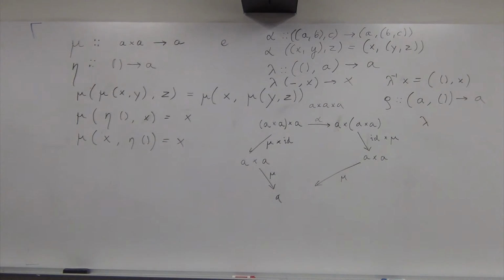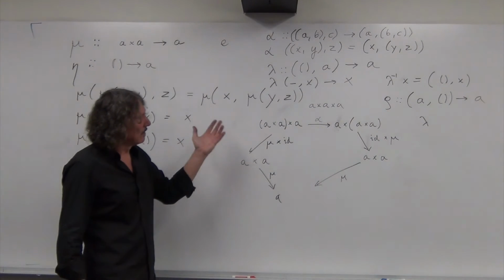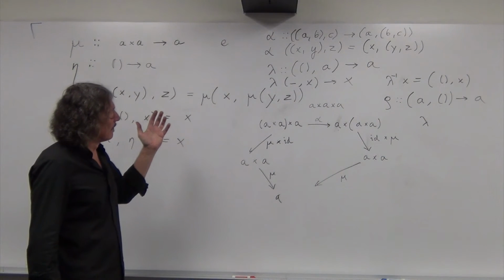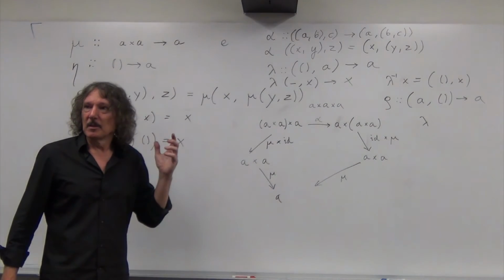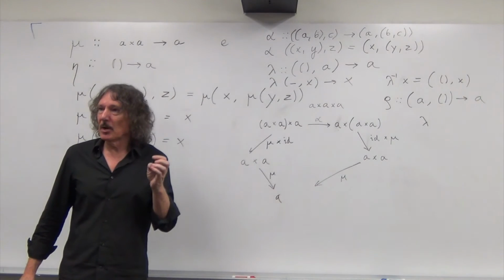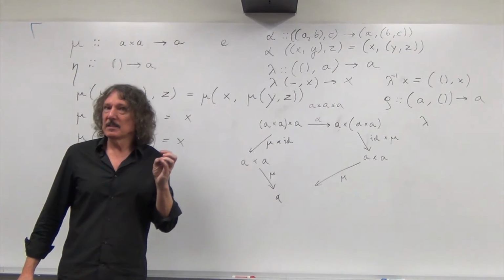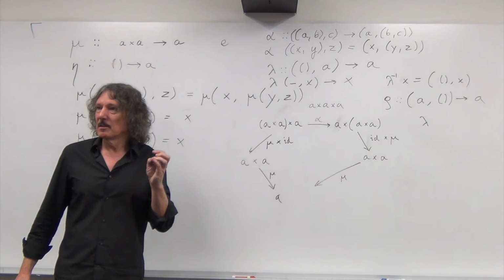So a monoidal category is just a straightforward generalization of this. It's a category in which we have a categorical product and a terminal object.